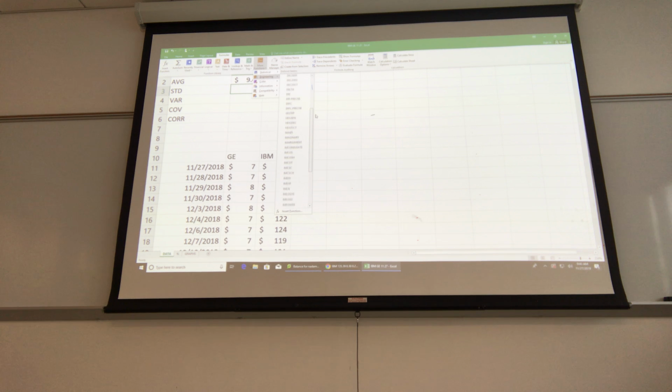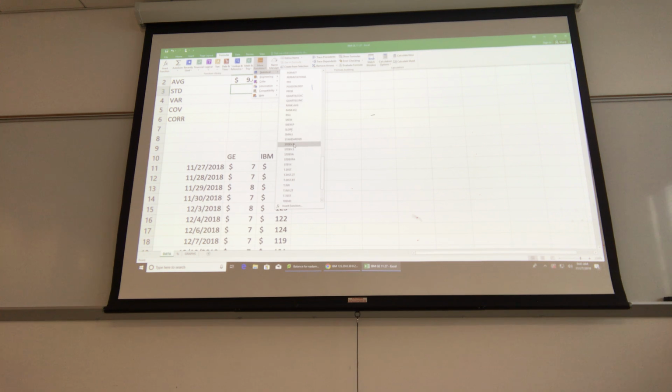I want to know what is the standard deviation. I have two formulas for standard deviation. One is standard deviation of a population, and the other is standard deviation for the sample. Your book is using the standard deviation of the population. I will use both, and I would like to see what is happening in both cases.